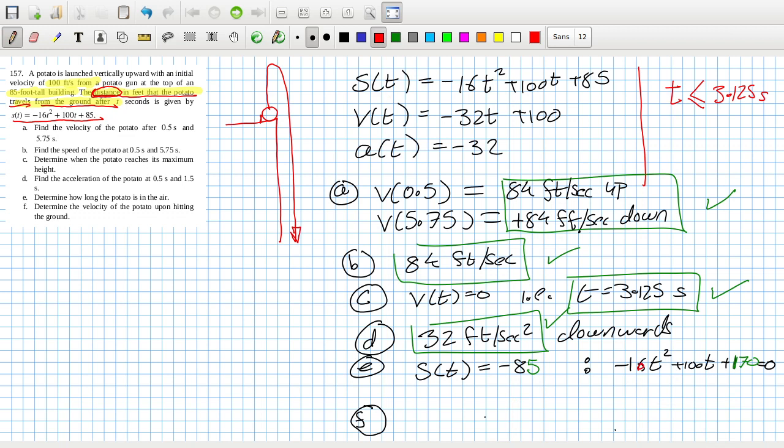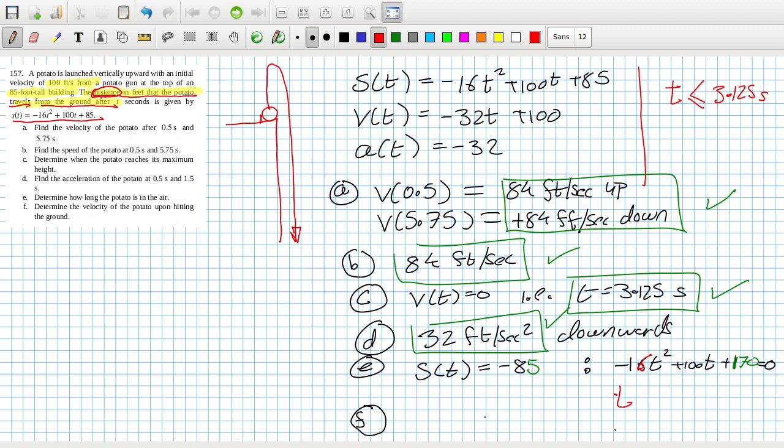Right, so equals minus 85. 85 plus 85. Okay. Determine how long the potato is in the air. Now, my answer is a little bit different though.